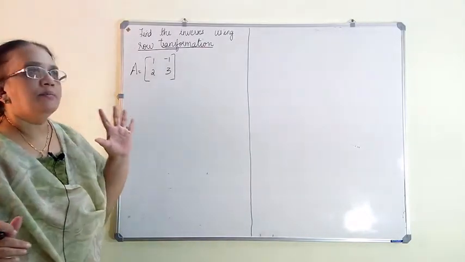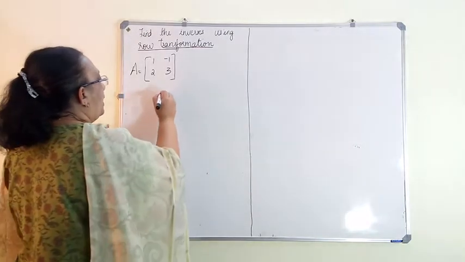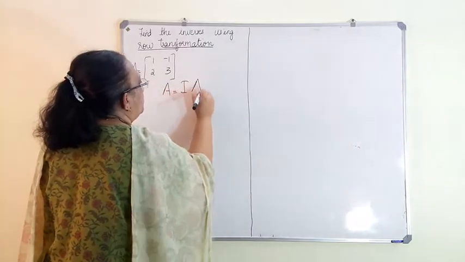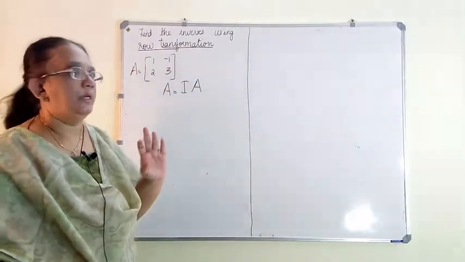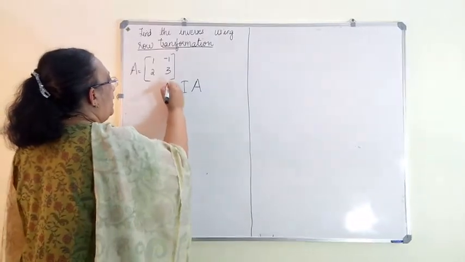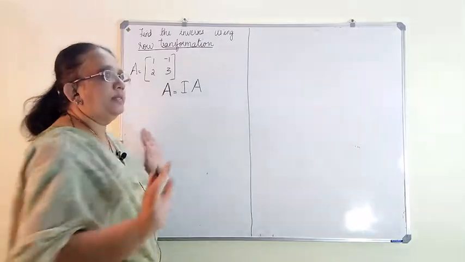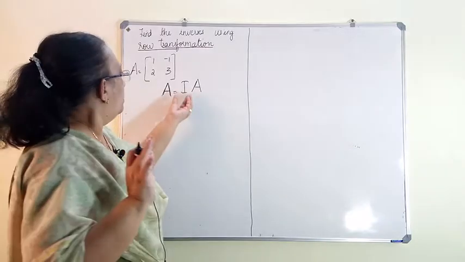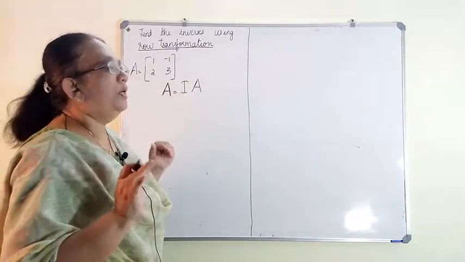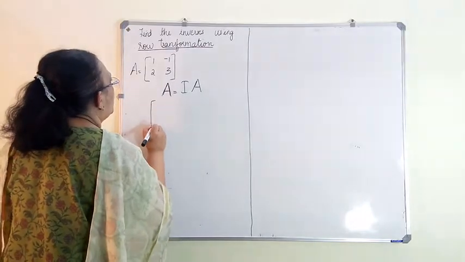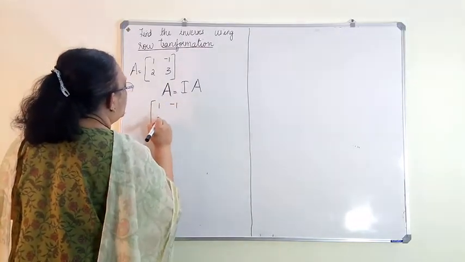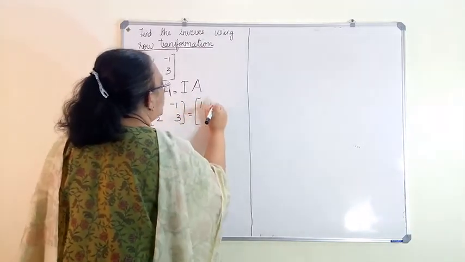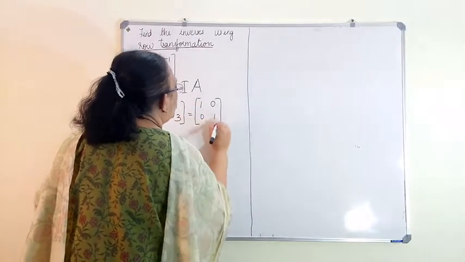So when the question comes as row transformation, first you have to write A is equal to I into A. The important point is you have to write A is equal to I into A. I is nothing but your identity matrix of order 2. So what is A is equal to? 1, minus 1, 2, 3 is equal to I, 1, 0, 0, 1 into A.